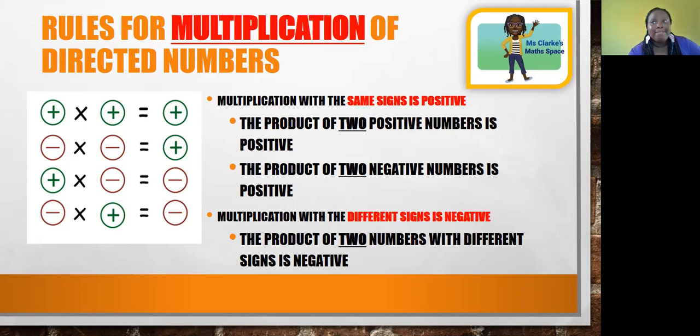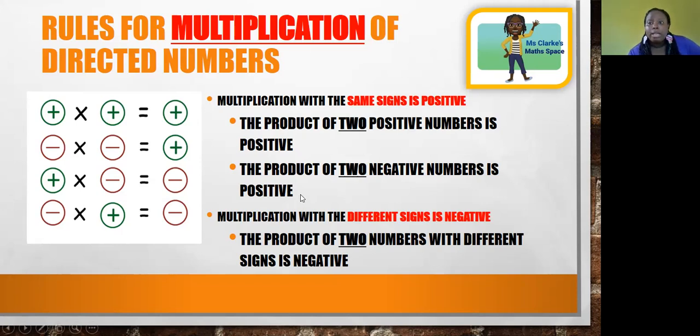And I'm going to take my time to go through it now. When you have the same signs with multiplication, you would always get a positive number. So the product of two positive numbers is positive, and the product of two negative numbers is positive.